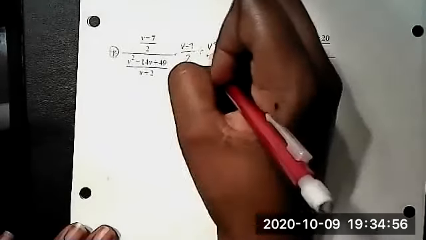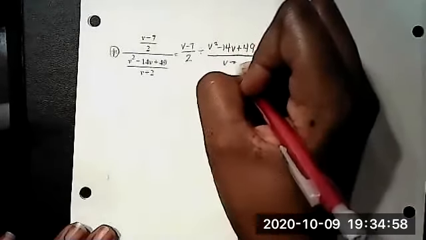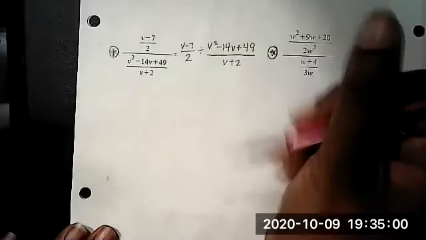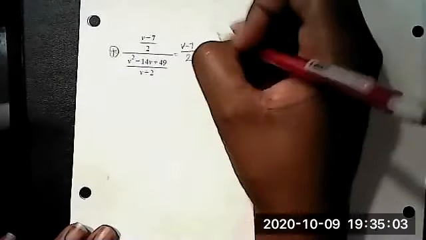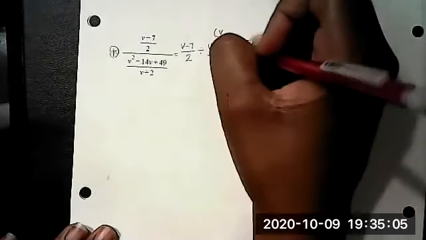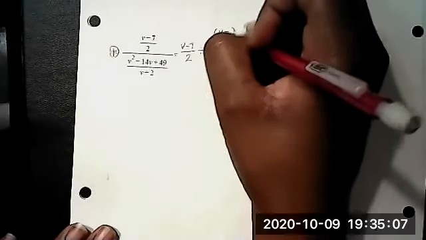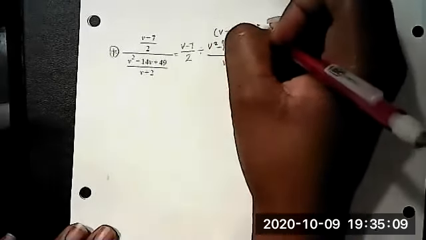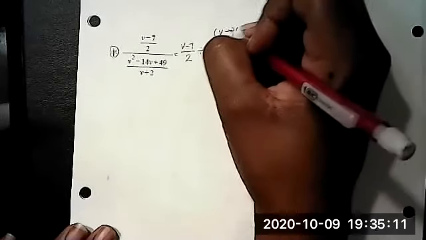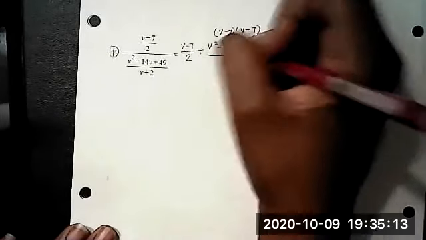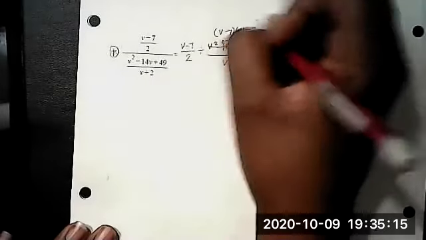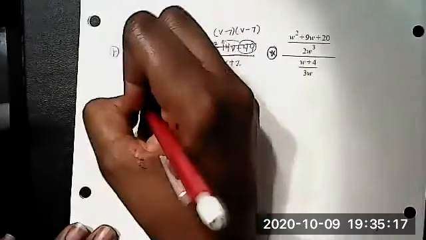Again, for teaching purposes, I'm definitely going to write it out. I factor that. It becomes both negative, and it looks like 7 and 7, because 7 times 7, and 7 plus 7 is 14. So now it becomes b minus 7 over 2.